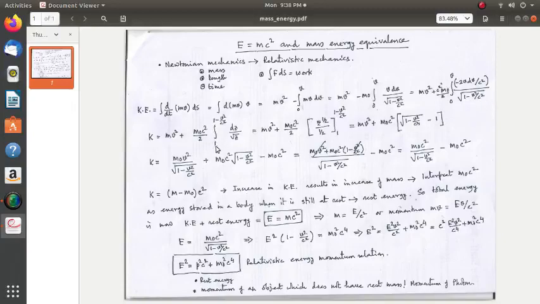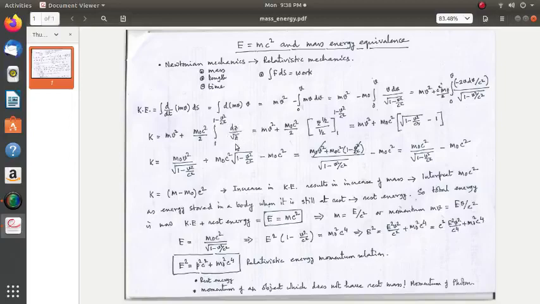So limits of integration is 1 to 1 minus v square by c square, and we have rewritten this as m0 c square by 2, and this term is there mv square. So kinetic energy is now mv square plus m0 c square by 2 integration 1 to 1 minus v square by c square dz by root z.